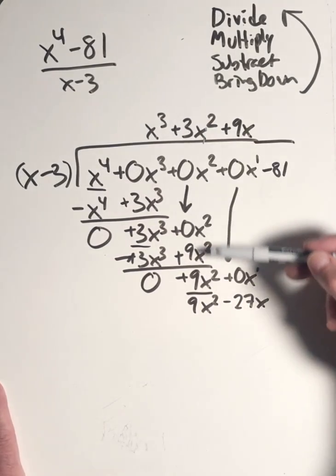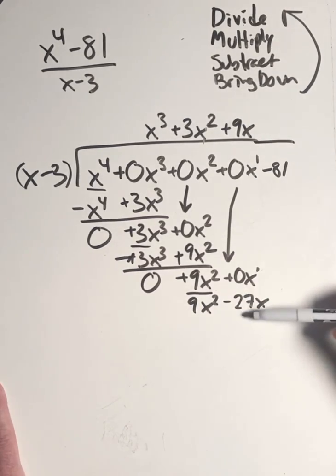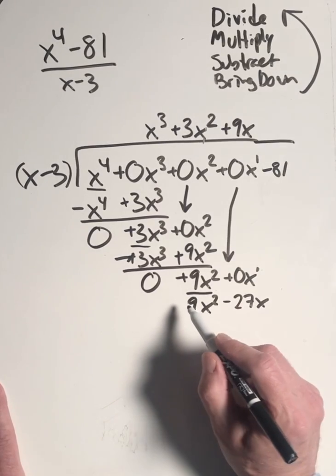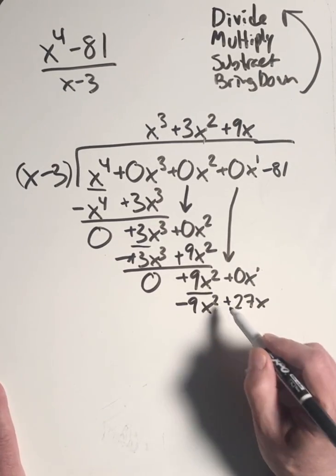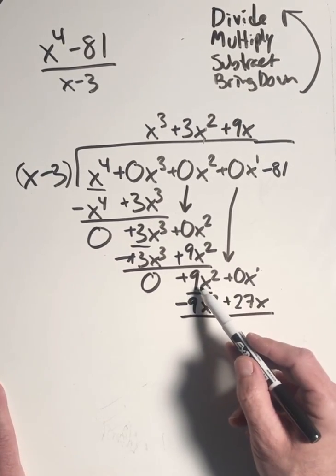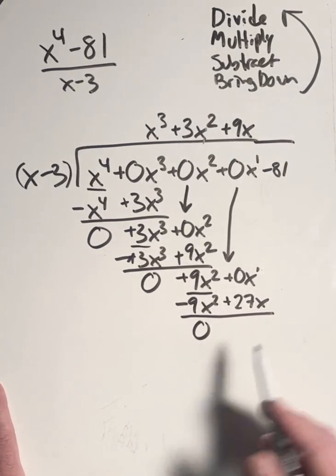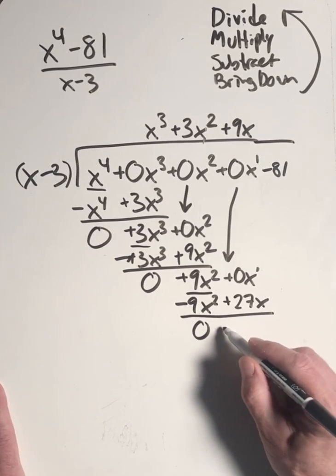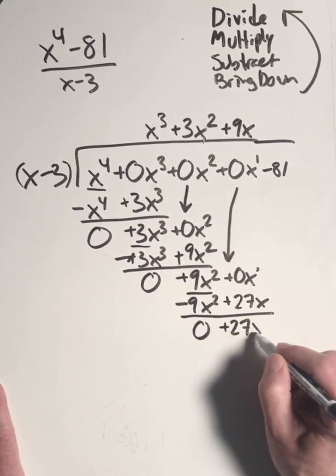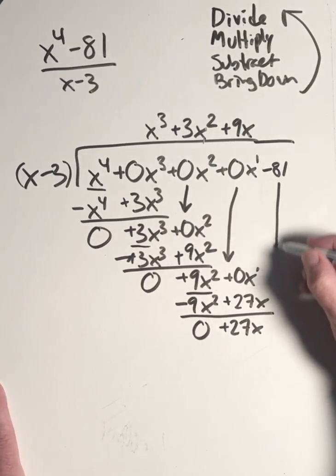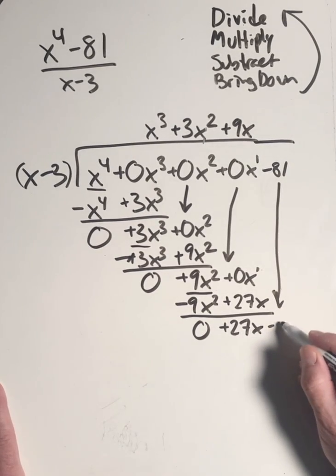Notice how, again, all my x squareds are lined up, all my x's are lined up, so I'm in good shape. Next, I need to subtract, which means I'm going to change the sign of both terms here. 9x squared minus 9x squared is 0, and it better be. 0 plus 27x is just positive 27x, and now I can bring down negative 81.